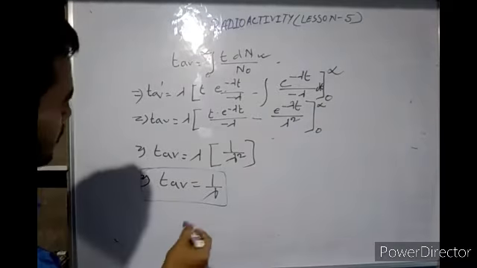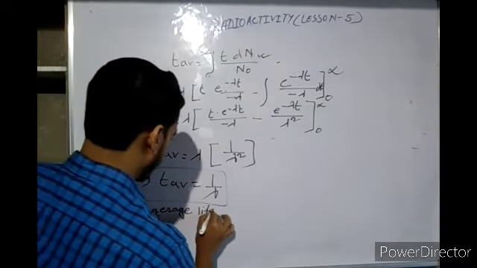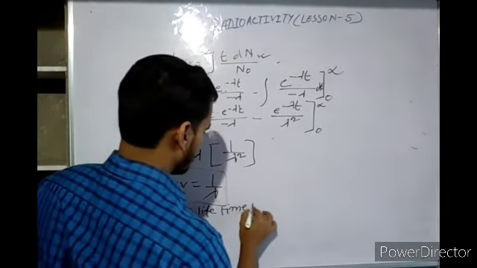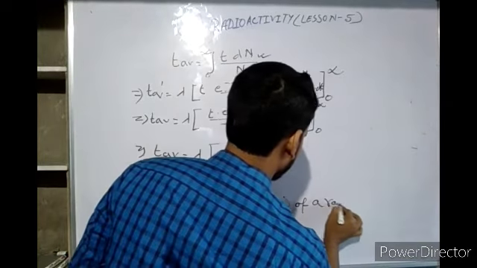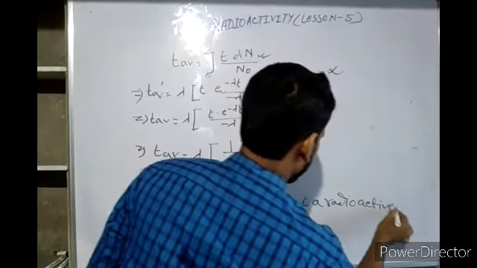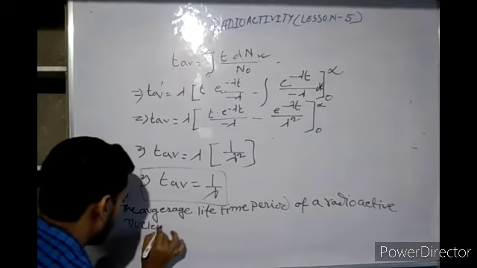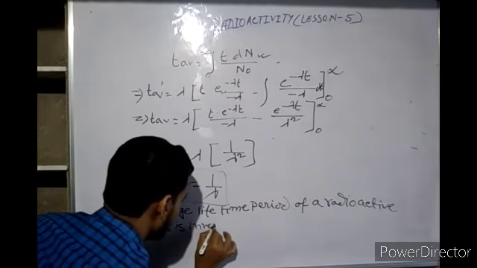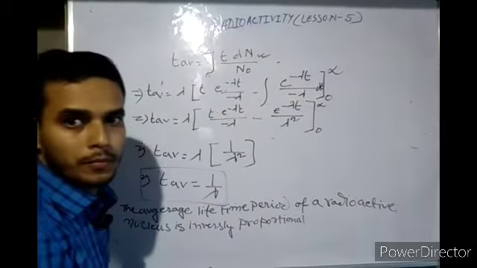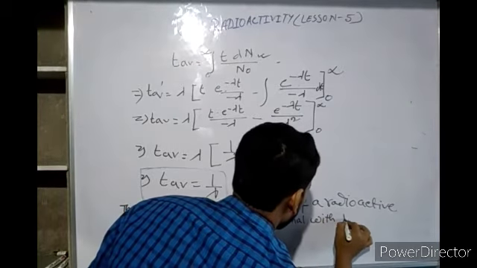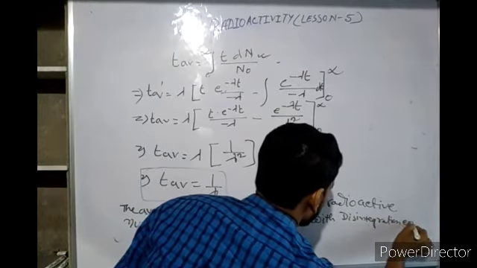From this equation we know that the average lifetime period of a radioactive nucleus is inversely proportional to the disintegration constant.